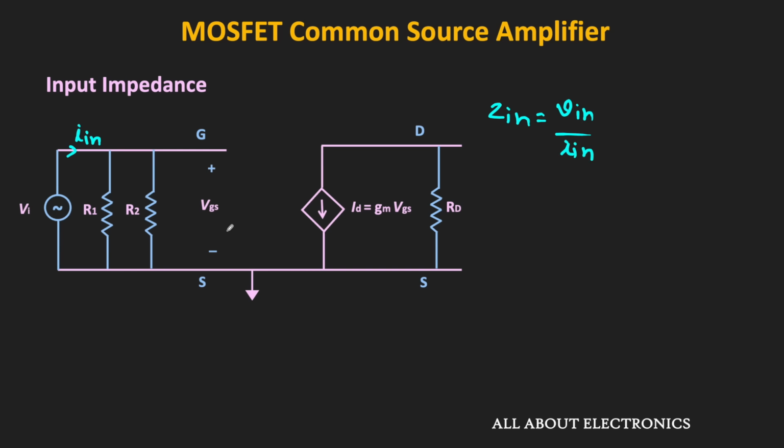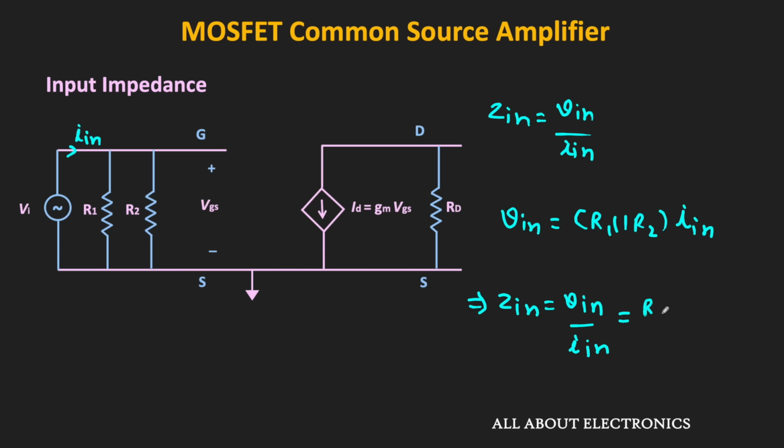Now here, since the gate and the source terminal will act as an open circuit, this current Iin will flow through the parallel combination of this R1 and the R2. That means we can say that this input voltage Vin is equal to R1 parallel R2 times Iin, or we can say that this input impedance, that is Vin divided by Iin, is equal to R1 parallel R2.